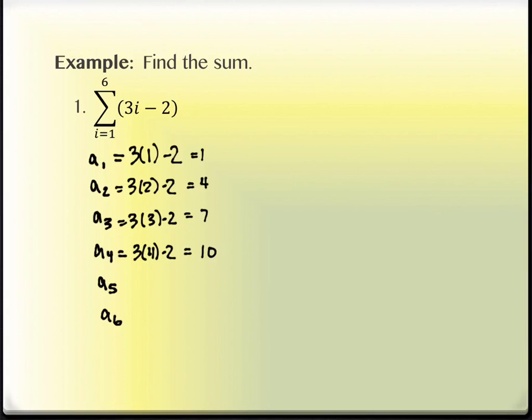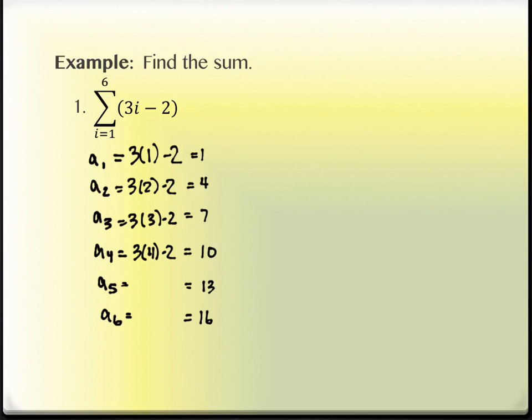Do you see a pattern in the numbers I'm getting? They're increasing by 3. And that should make sense because it's 3 times the number I keep putting in, right? I'm getting 3 more every time. So if at some point you recognize a pattern, and on some of them you might, and on some of them you might not, but if you do recognize a pattern, you can just use that pattern to find the remaining pieces you need. So 13 and 16.